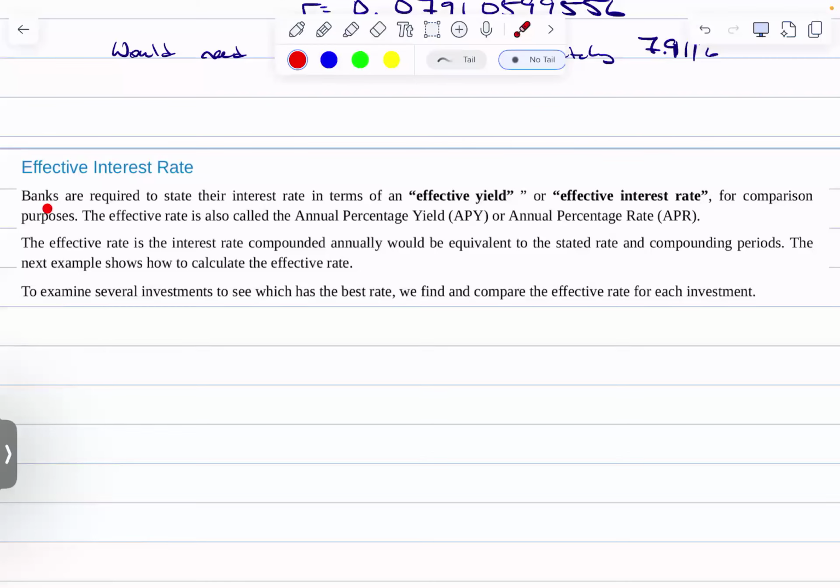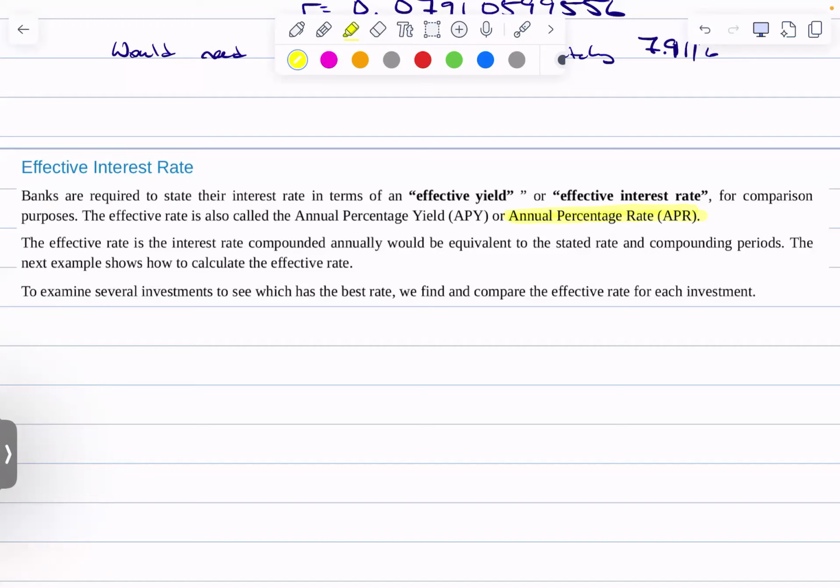I actually don't know if this is true in Canada. I'm pretty sure it is. But in the States, banks are required to state their interest rate in terms of effective yields, or the effective interest rate, or for us, we use the term APR, which is why I think banks have to publish the effective interest rate, APR. Okay.